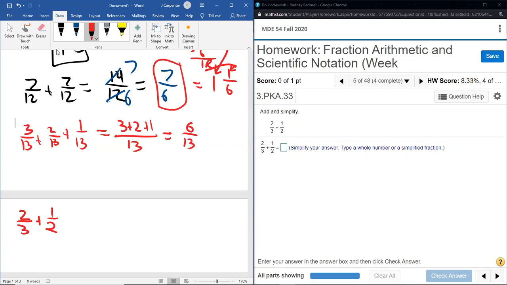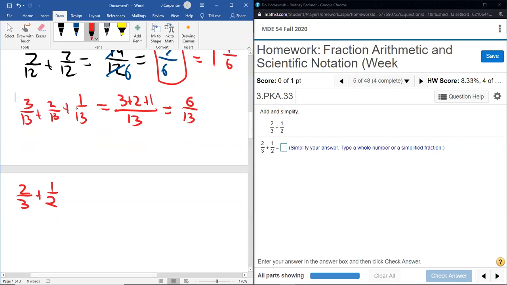So you got to find your LCD with whatever method you like. And I've talked about how you can list the multiples of the bottoms until you find a match. I've talked about how you can prime factorize the bottoms. And then your LCD is the product of all those unique primes, where if you have multiples in any denominators, you take the most.